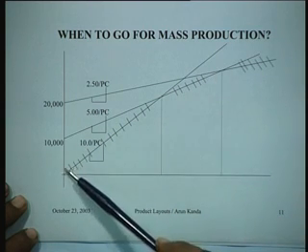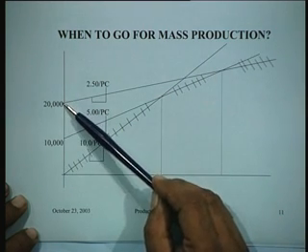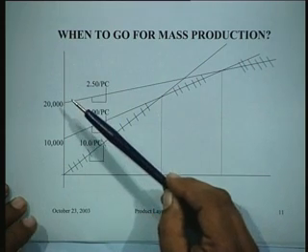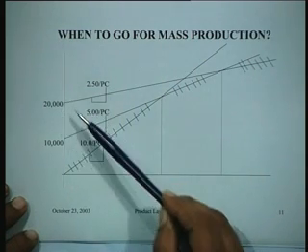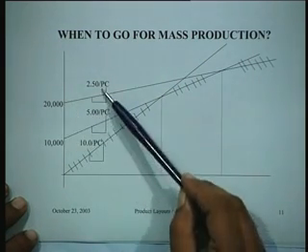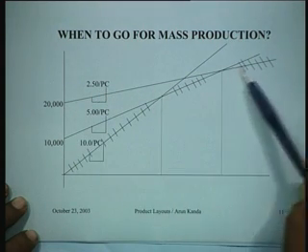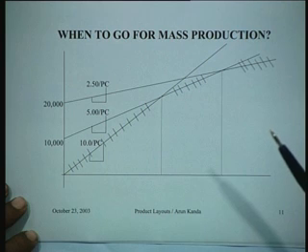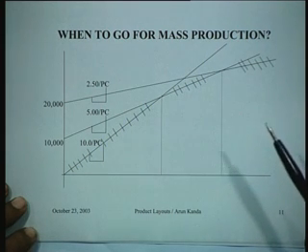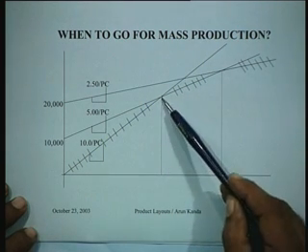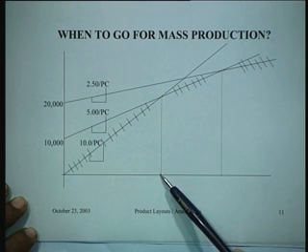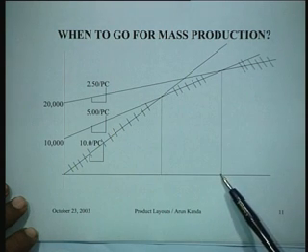Or you might say that I can make a heavier investment of 20,000 rupees or whatever it is, and then maybe we can produce a part for 2 rupees 50 paisa per piece, and it will be like this. Now through a simple break-even analysis, you can find out these two quantities, quantity Q1, quantity Q2 here.